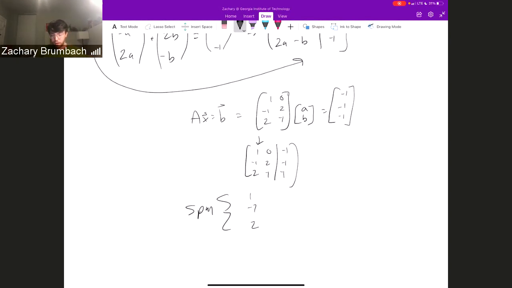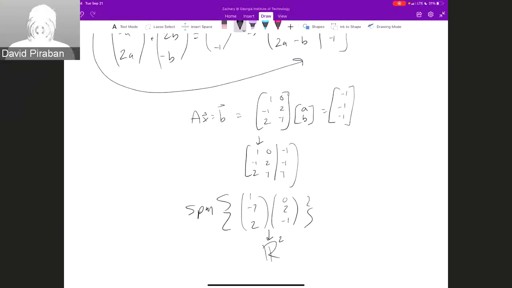These two create an R2 in R3, because they're three-dimensional vectors. Does that mean they make a plane in R3? Wait, is it R3 or R2? This creates an R2, which is a plane, in R3.